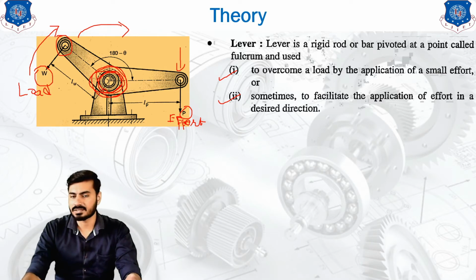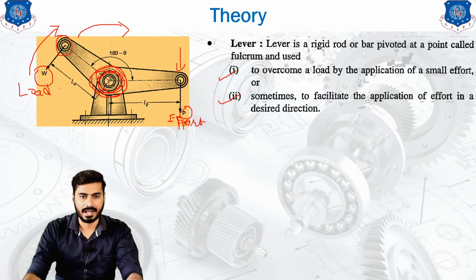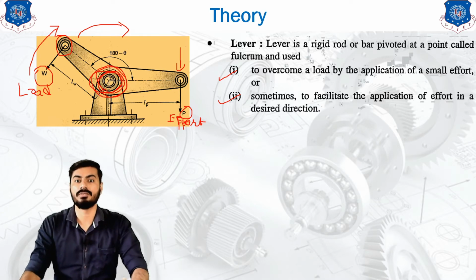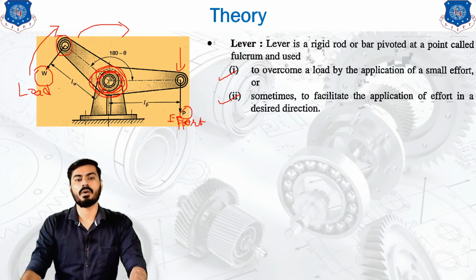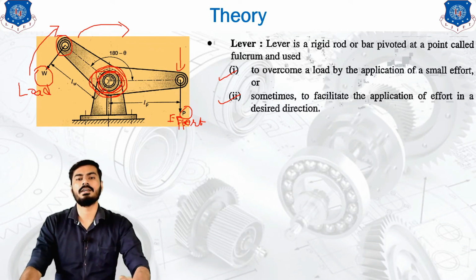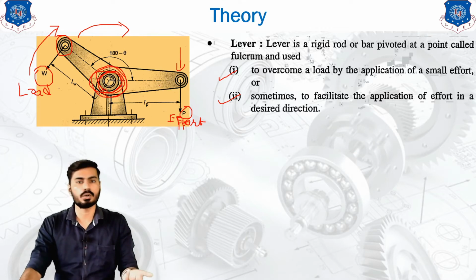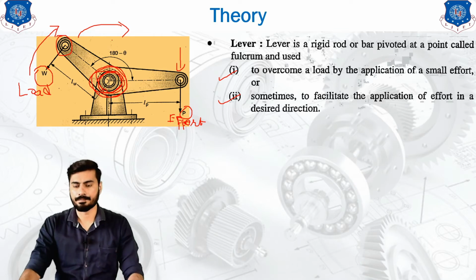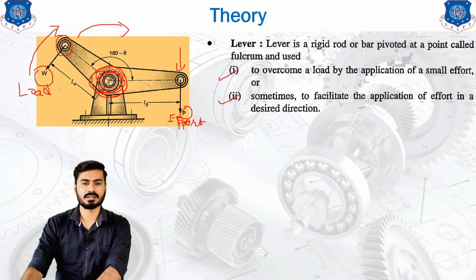Except this, there is no support provided to the lever, and this is the point about which the lever will rotate very freely. This is the point about which we apply the moment, which gives the effect of rotation, and due to the rotation our load will be lifted from this point to this point. So this is the basic mechanism of the lever.